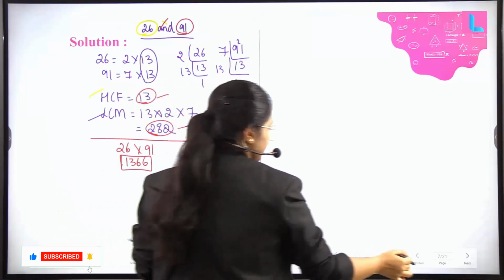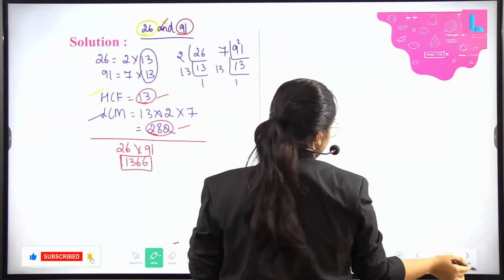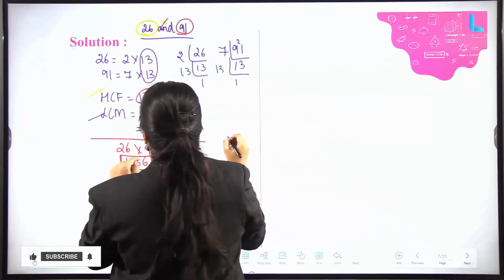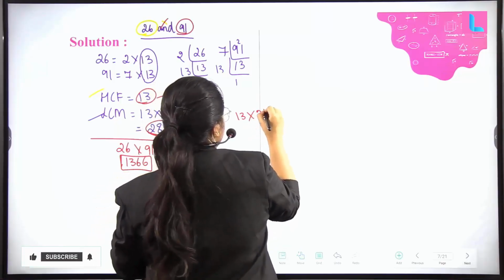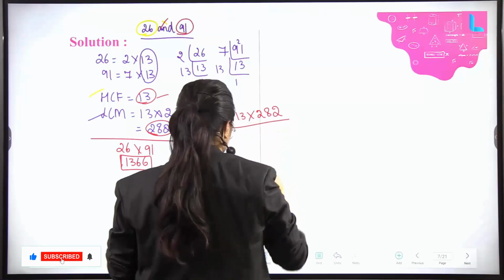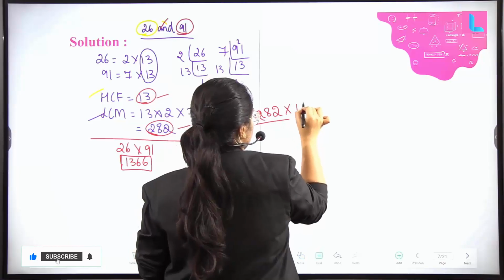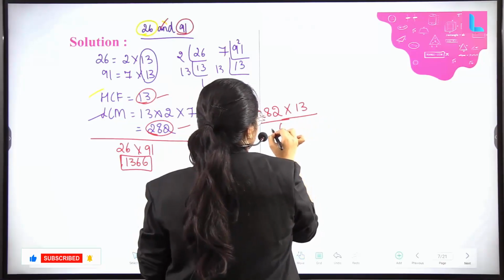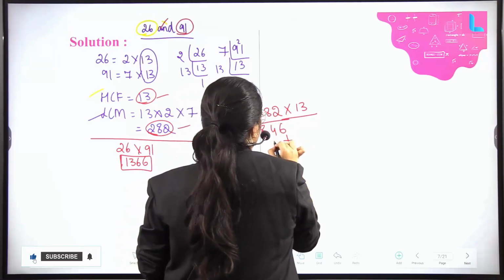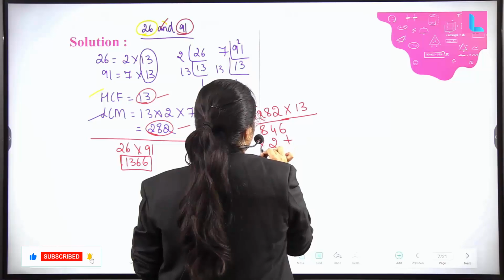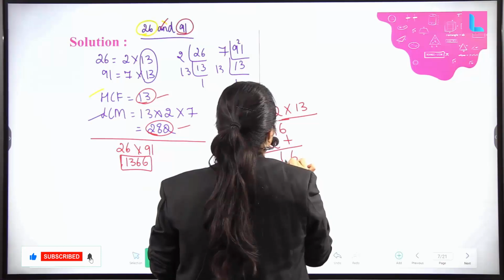Find the product between these two numbers now. Product of two numbers and LCM into HCF. Now we'll solve this too. 13 into 282. 6, 24, 8, 2, 8, 6, 6.